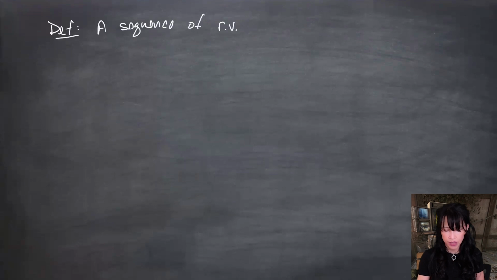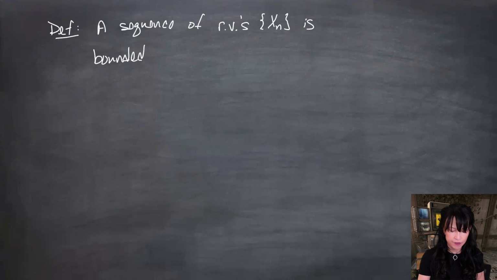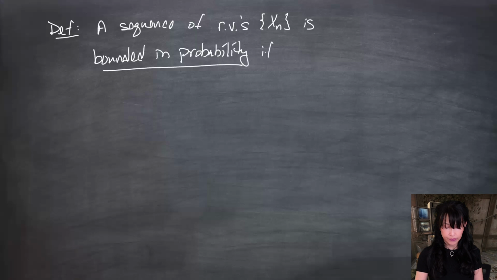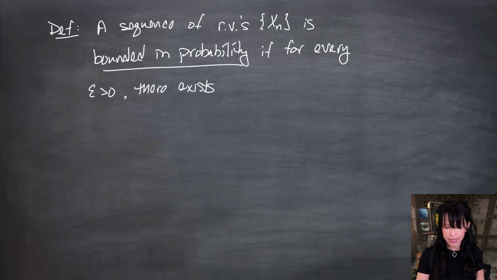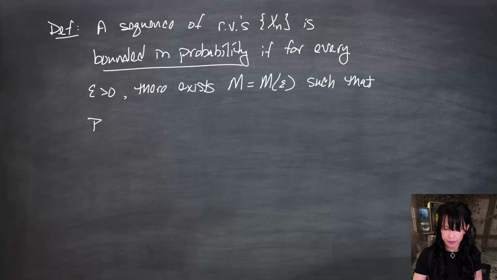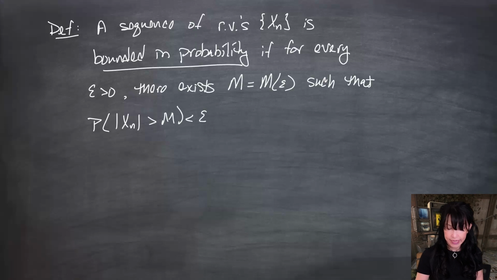Okay, so I have another definition for you. A sequence of random variables xn is bounded, this is what I'm defining, bounded in probability if for every epsilon greater than 0, there exists a constant m, and this m will most likely depend on epsilon, such that the probability that the absolute value of xn is greater than m is less than epsilon for all n greater than or equal to 1.